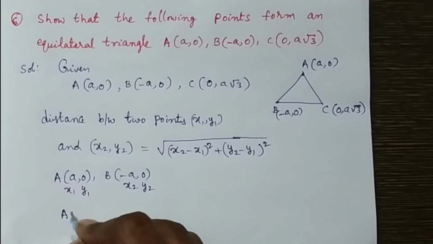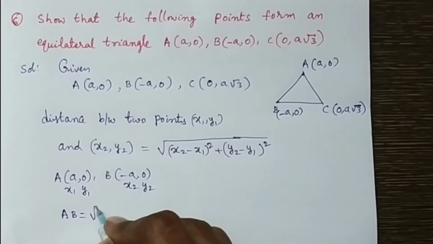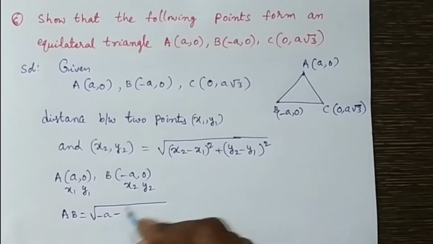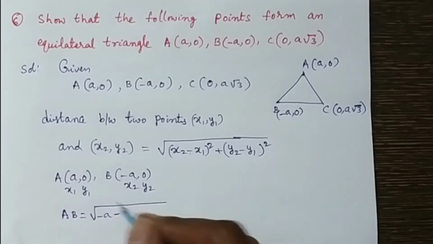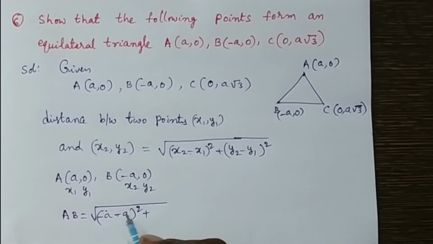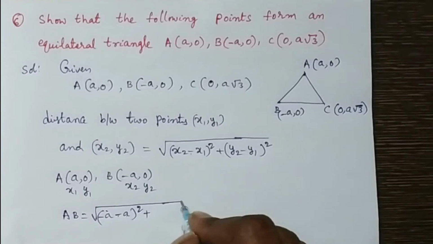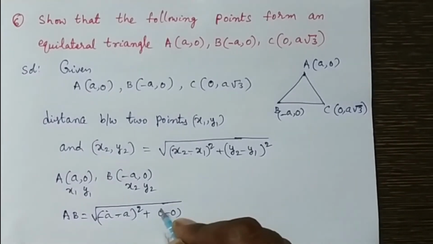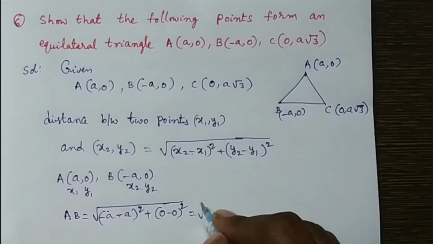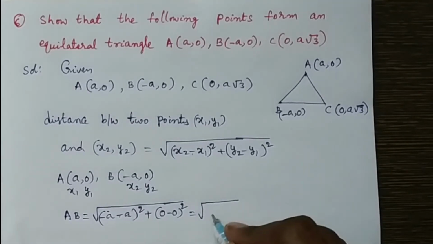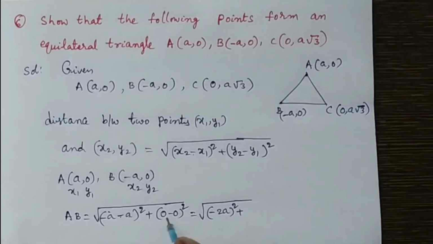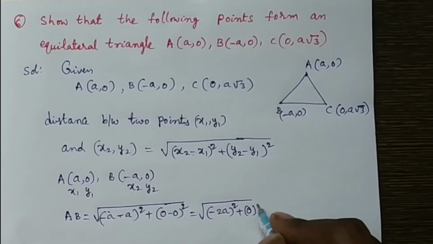So AB is equal to, by using this formula, the square root of (x2 minus x1), that is minus a minus a, so (minus 2a) whole square, plus (0 minus 0) whole square.